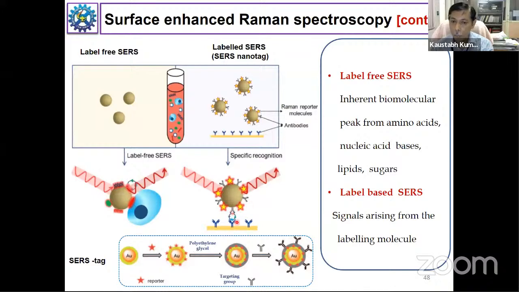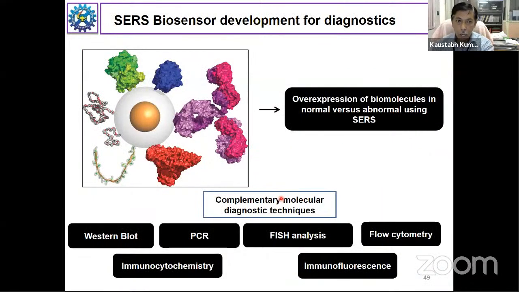When this recognition happens, you can see the Raman signal of the reporter molecules, which gives you the recognition modality. So this is called the Raman tags or the SERS tags. There are a lot of examples in biosensor development in the diagnostics fields, with complementary features.